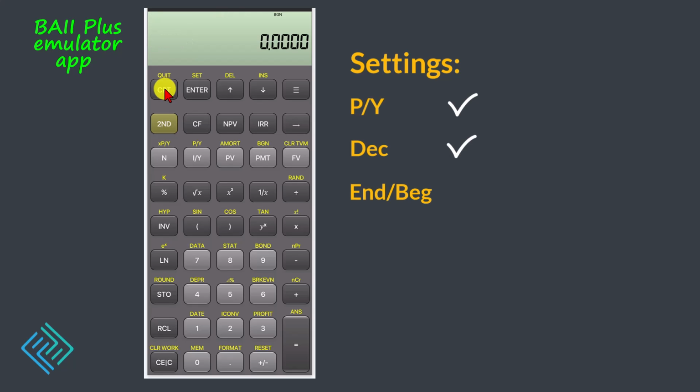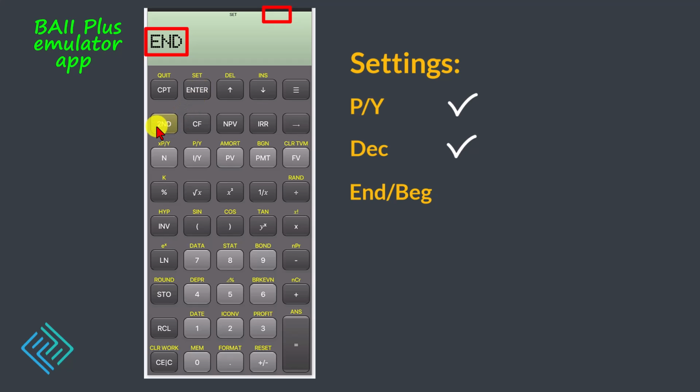To switch between end and begin modes, start with second, then the begin key, which will confirm your current mode. In this case, BGN shows in the main display, and also notice the tiny BGN flag towards the top right of the display. Then toggle between begin and end modes using second, set.